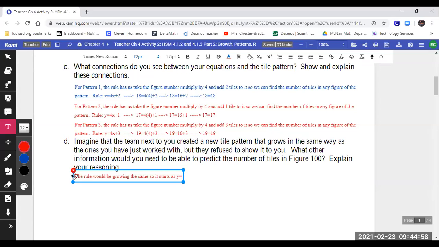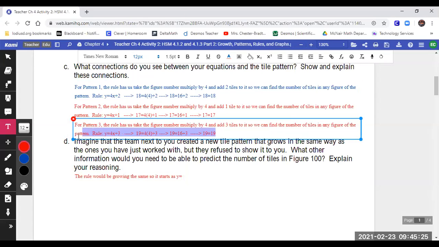How were they growing? What am I going to write immediately after the equal sign if they're growing the same way as those 3?